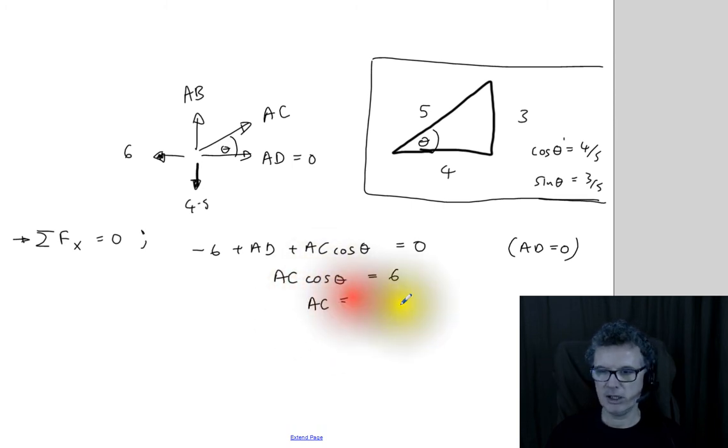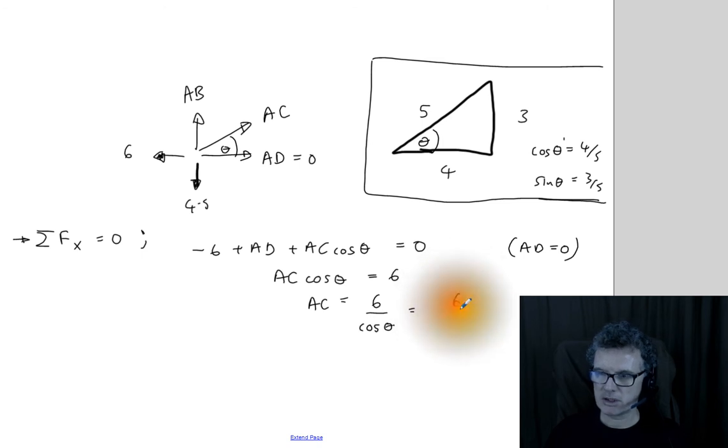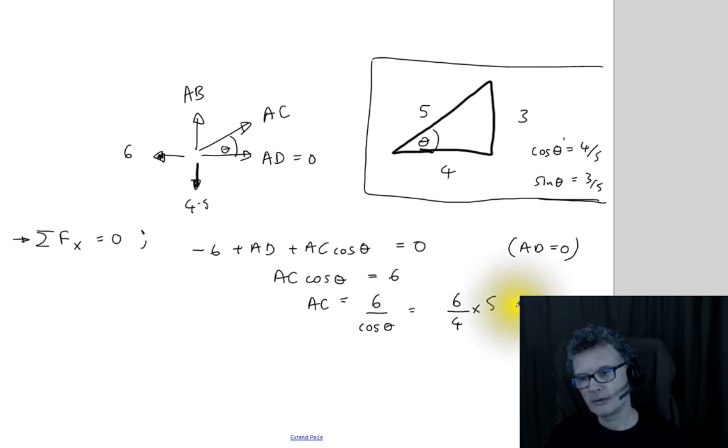So AC equals 6 divided by cos theta, which will give me 6 divided by 4 times 5. So that's 30 divided by 4, 15, 7.5.